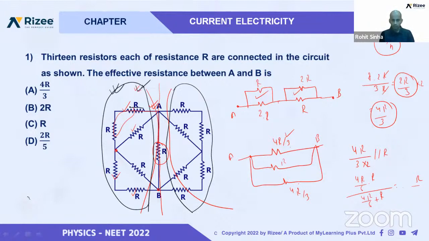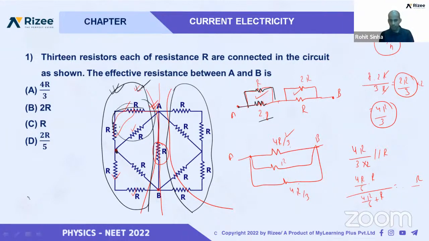We have found the equivalent of this. How have we done it? We have taken R and R in series, which became 2R, and one R in parallel with that. That becomes this part.